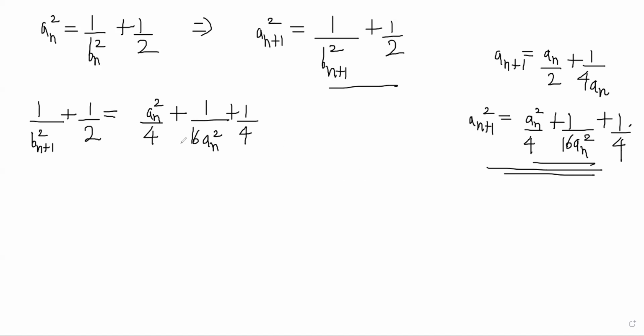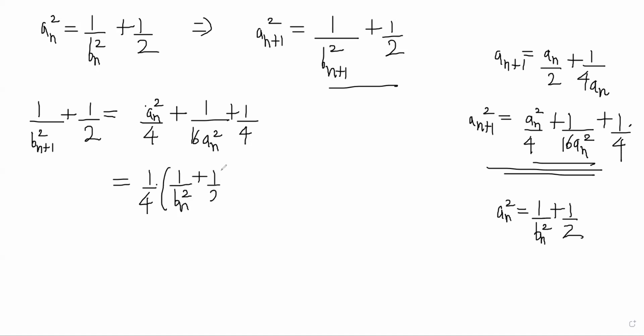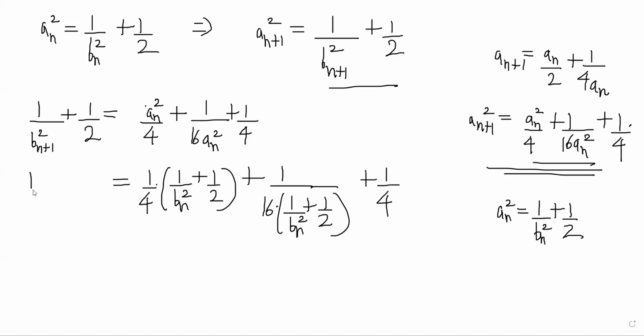And now what we'll do is we'll replace these an. We know that an square is equal to 1 by bn square plus half. So on the right hand side, I will write 1 by 4. An square is 1 by bn square plus half plus 1 by 16, 1 by bn square plus half plus 1 by 4. And here you have 1 by bn plus 1 square plus half. So everything is now in terms of bn plus 1 and bn, right?